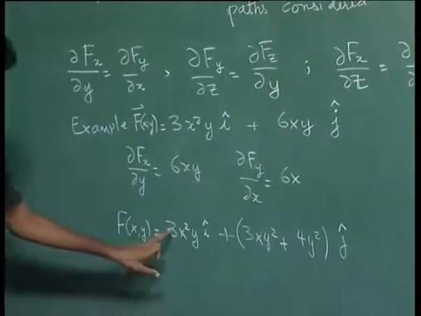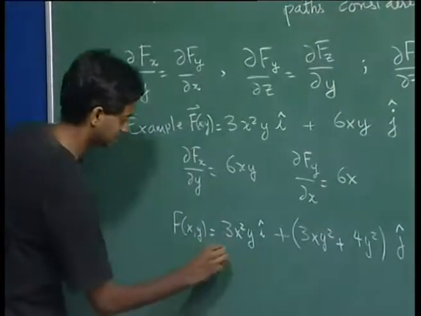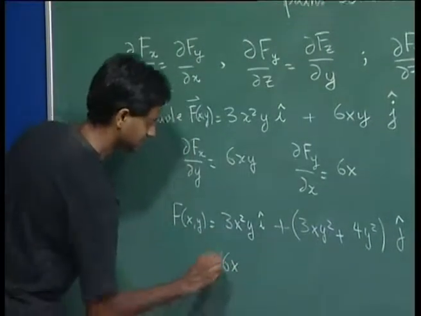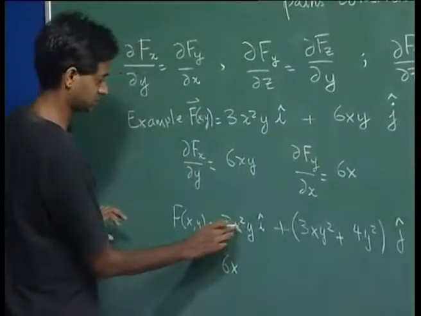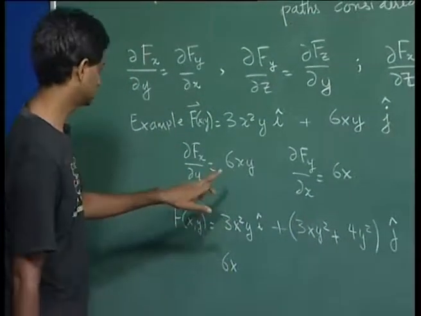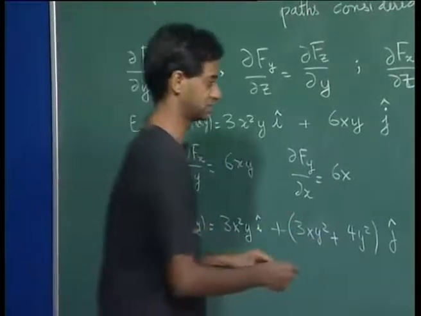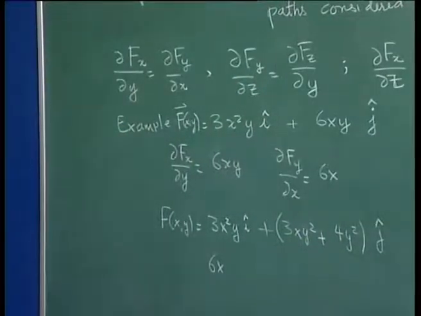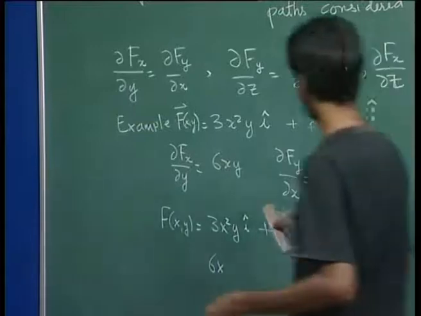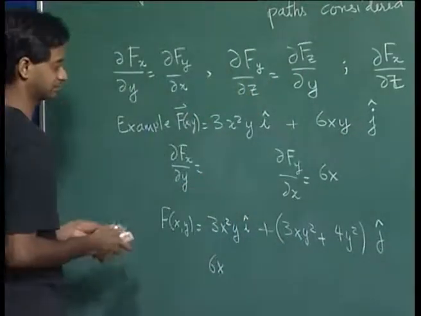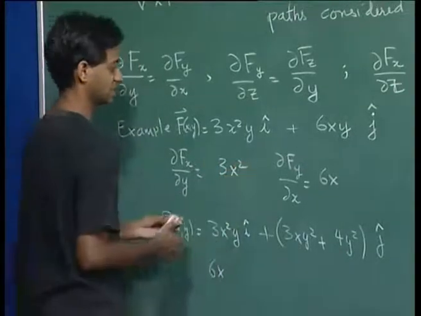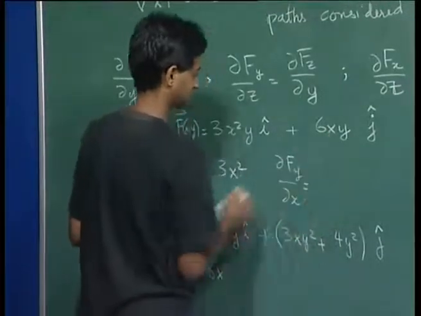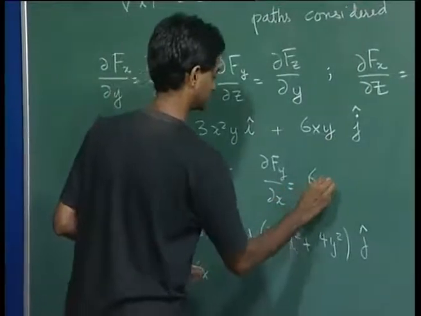Now if I take the derivative of this with respect to y, I will get 6x. Oh, sorry, that's a correction, I should get 3x square, and if I take the derivative of this with respect to x, I should get 6x.